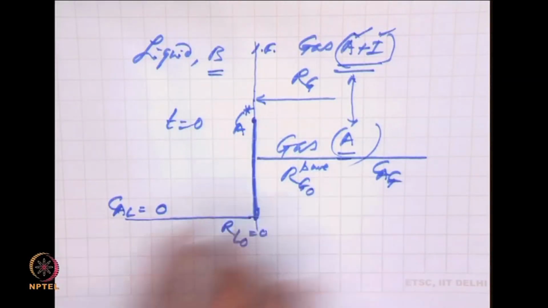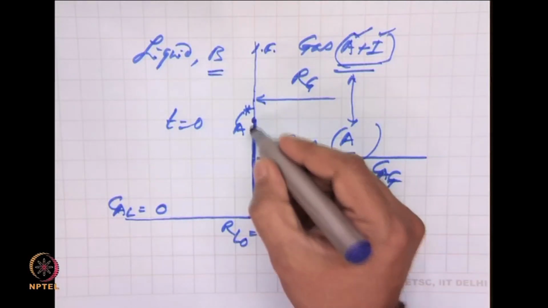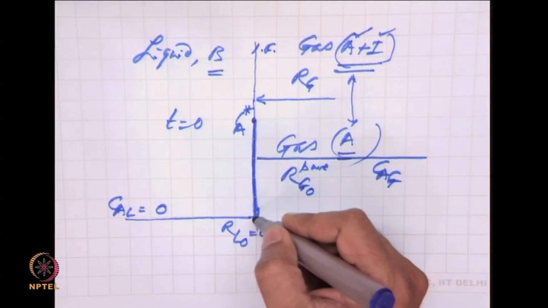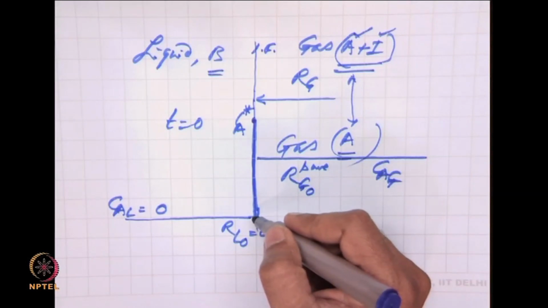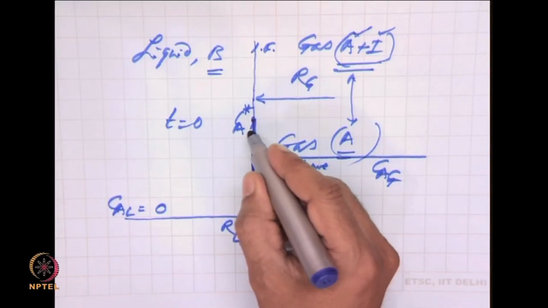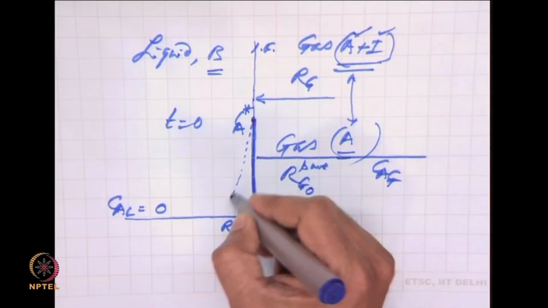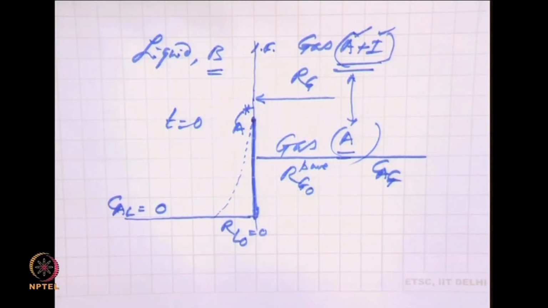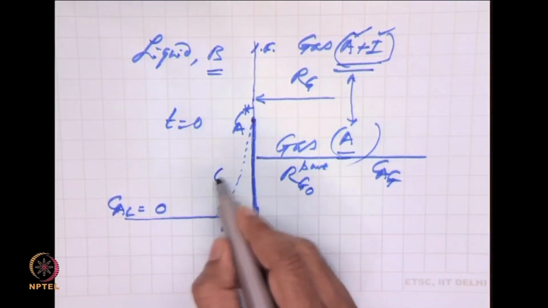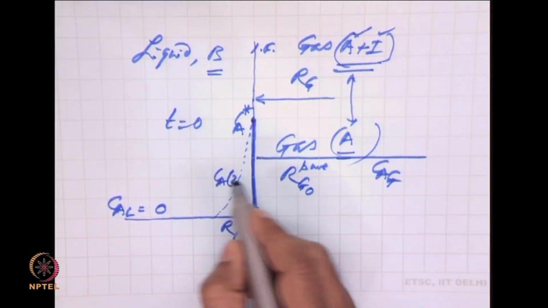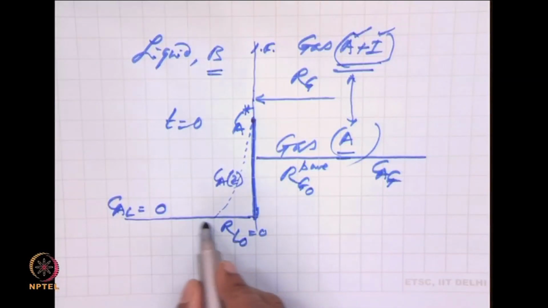But what happens now in the liquid phase? As time progresses, we do not expect this gradient to remain infinite throughout. At a time little greater than 0, maybe the profile would have advanced up to here. This would be now a new Ca as a function of z, if this is the direction z.